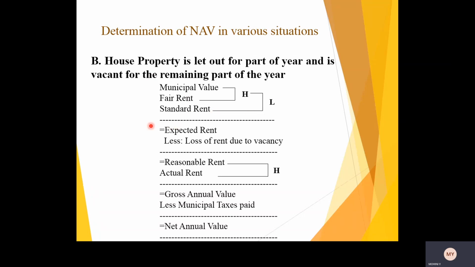This is the same as we have done in the earlier scenario. But from the expected rent you will subtract loss of rent due to vacancy to come to your reasonable rent.